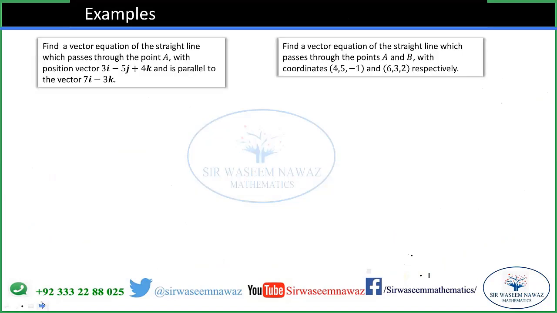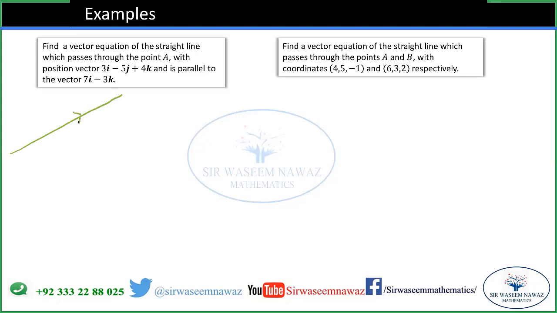See some more examples. Find a vector equation of the straight line which passes through the point A with position vector 3, minus 5, 4 and is parallel to the vector 7i minus 3k. Now, what we want is a vector equation of the straight line.